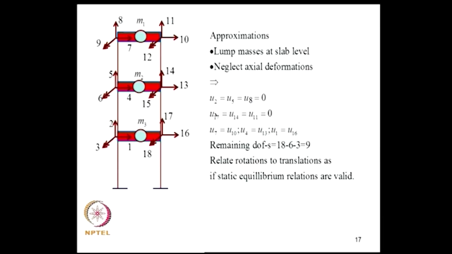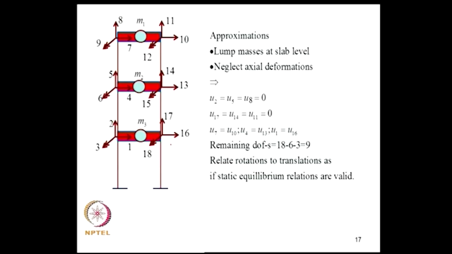So, if I do that, U2 equal to U5 equal to U8 equal to 0, then U17, U14, U11 equal to 0, then U7 is U10, U4 is U13, U1 is U16.